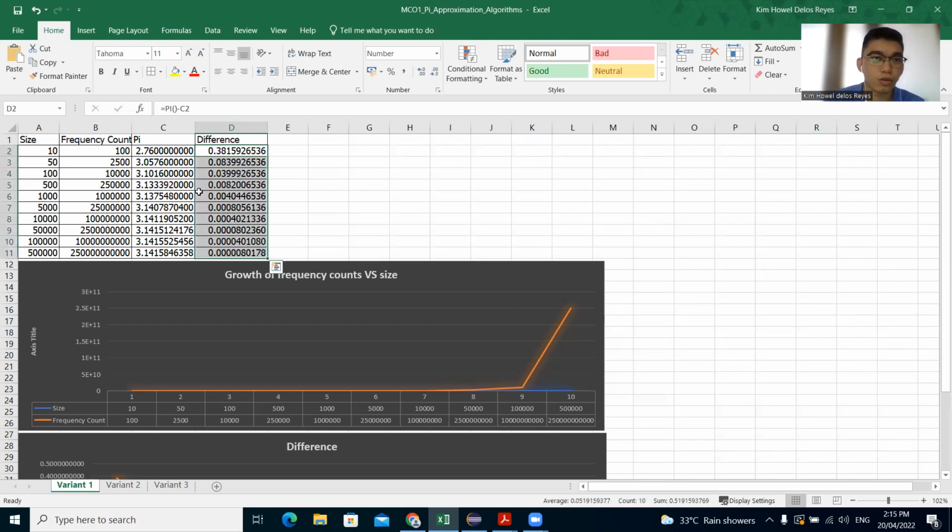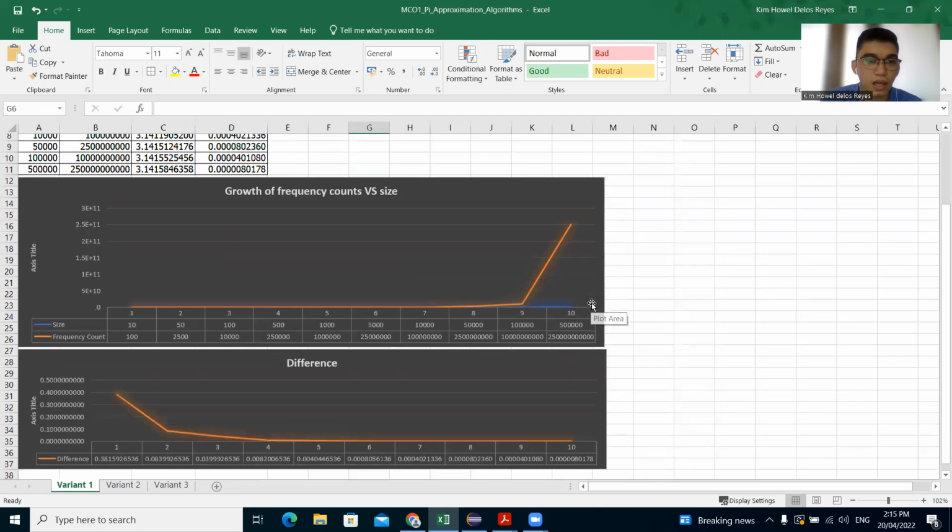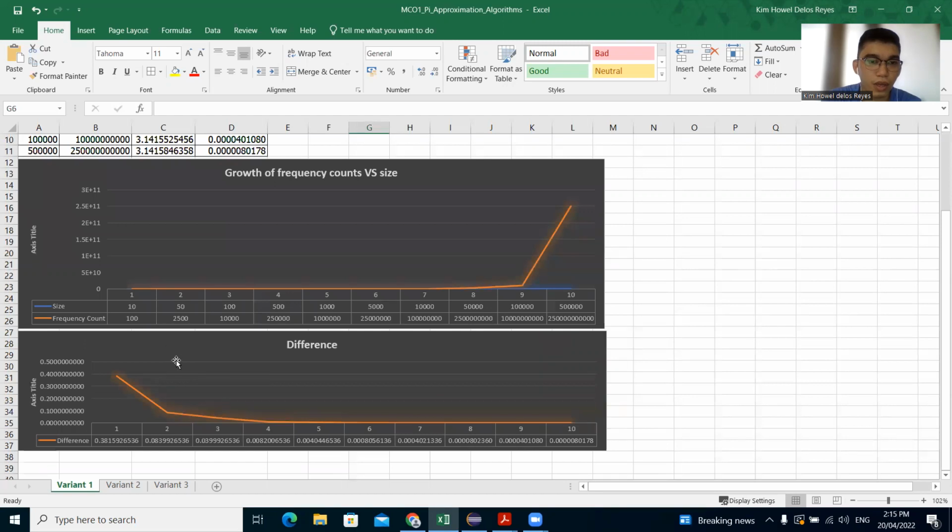All right, so this is the growth of frequency counts versus the size. The frequency count is n squared with respect to the size, so it's increasing quadratically. And the difference between the calculated value of pi and the actual value of pi gets lower as the size increases.